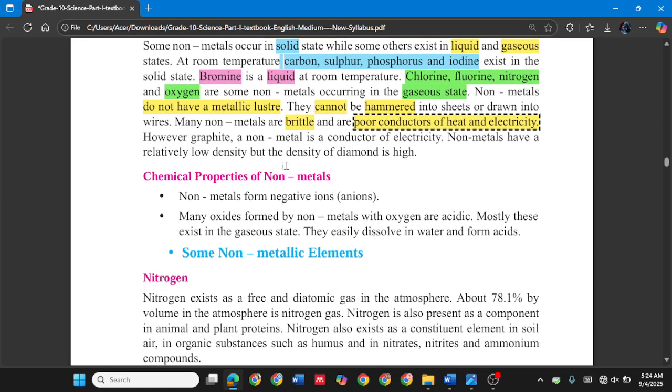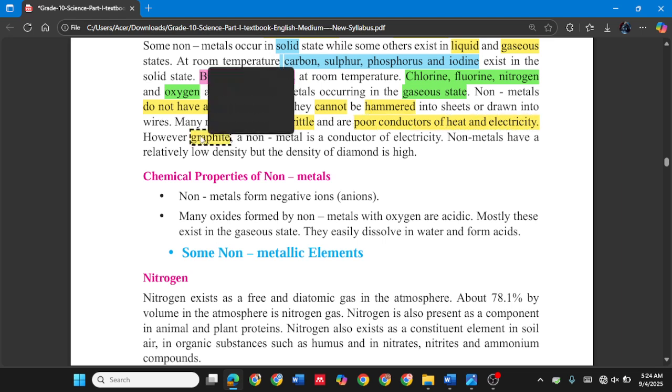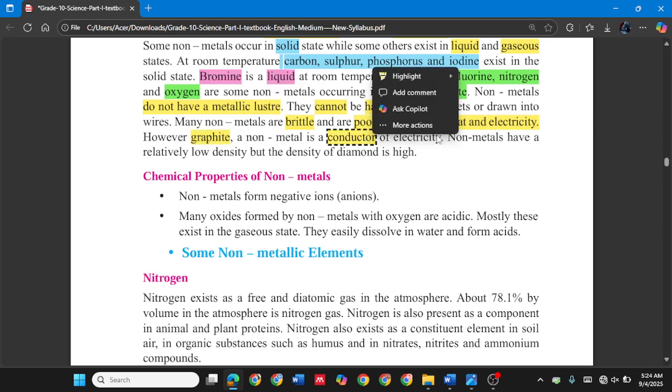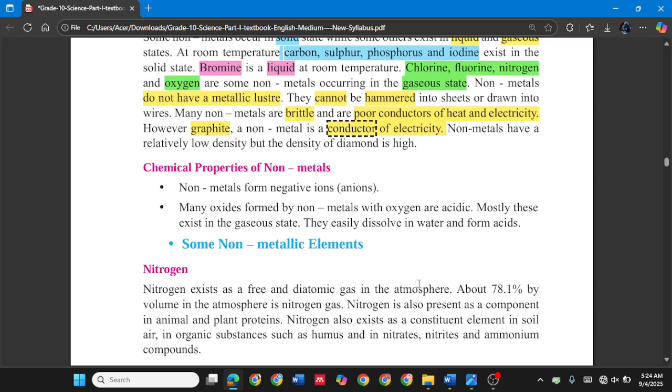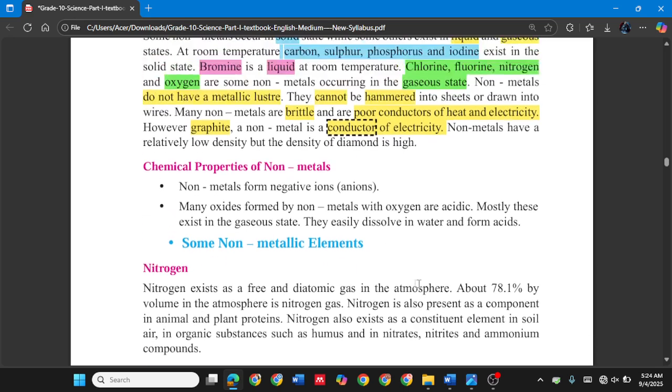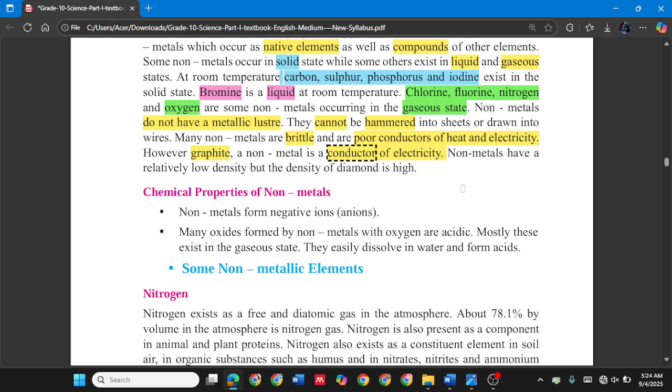Another exception: conductor of electricity. Nonmetals have a relatively low density, but when it comes to diamond, it's an exception, its density is high.